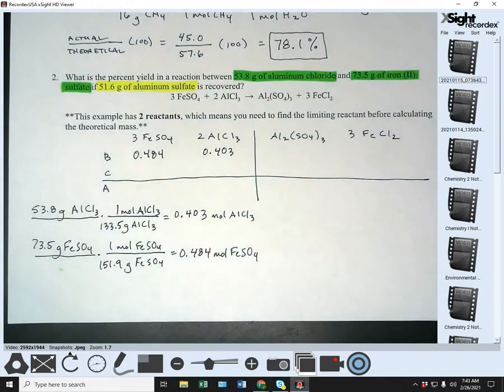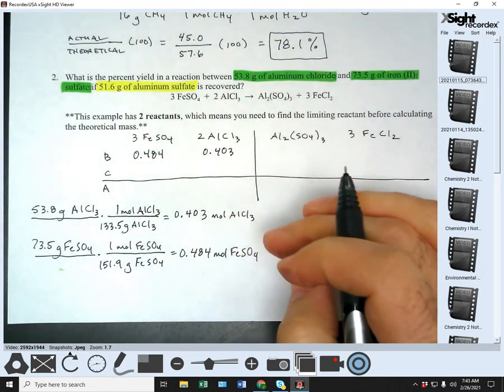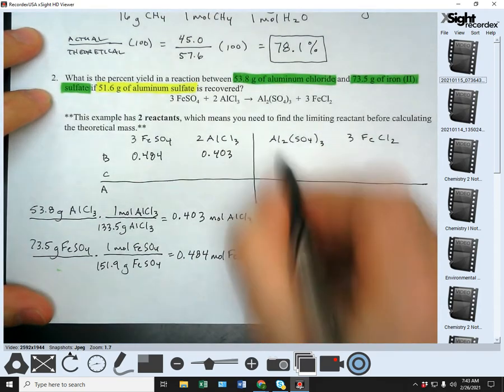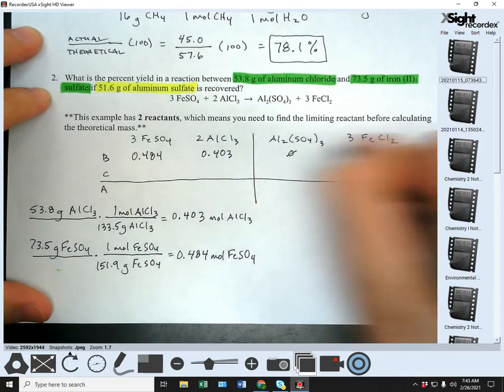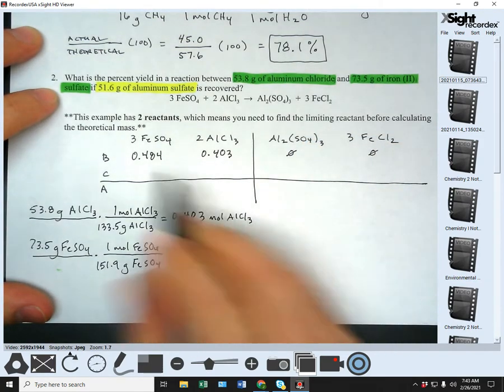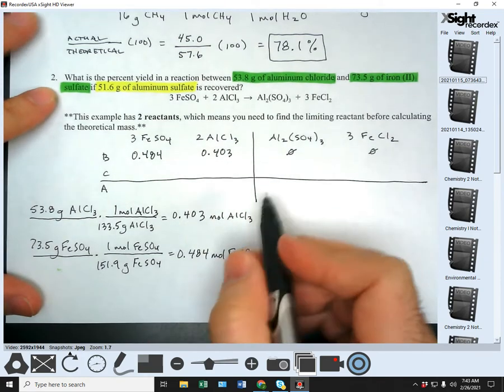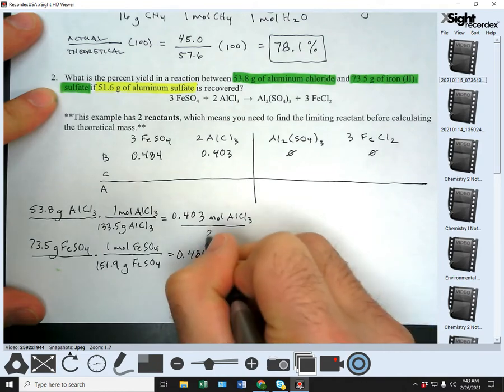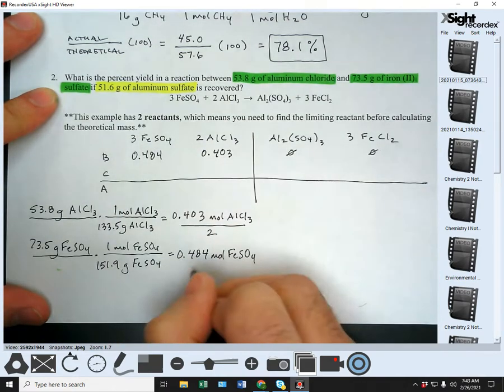Now, to find the limiting reactant, remember, you're not comparing these. There's one step you have to do before you can compare to find the limiting reactant after you get the moles. These are zeros, right, for the products. Okay. We need to divide by the coefficients before we can determine the limiting reactant. So in front of AlCl3, there's a 2. And in front of FeSO4, there's a 3.